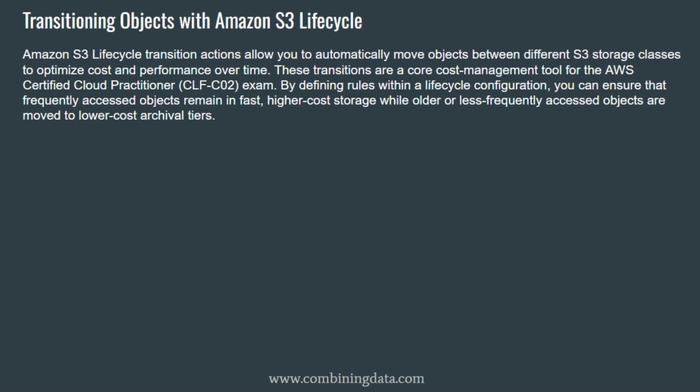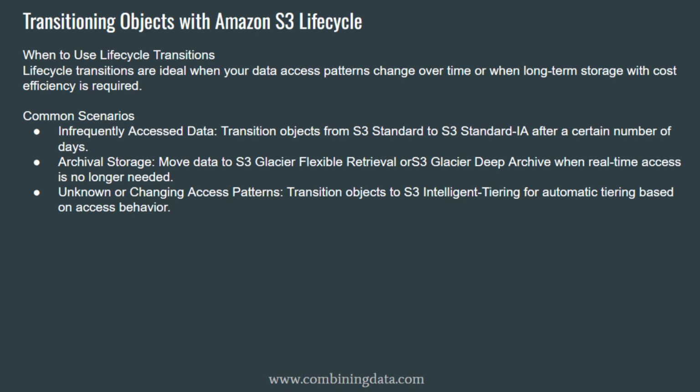Lifecycle rules let AWS do this automatically based on time, so you don't have to manage it object by object. You should use lifecycle transitions whenever access patterns change over time or when long-term retention is required at the lowest possible cost.